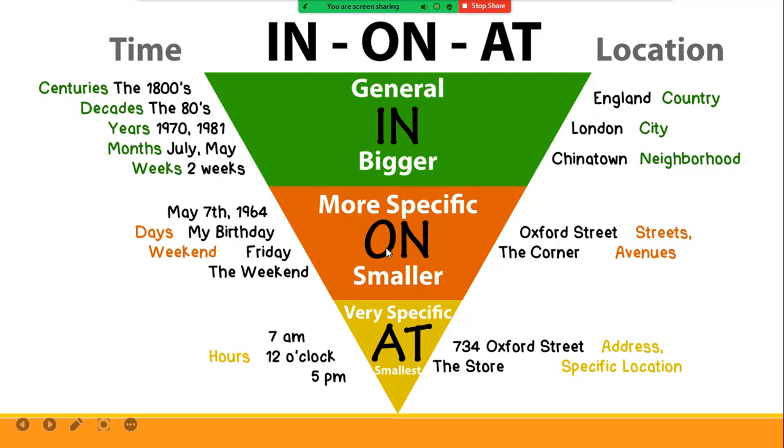Now, when do you use on? When you talk about dates, like May the 7th, a specific date, May the 7th in 1964. When you talk about days, as in on my birthday, or the weekend, or the word Friday.